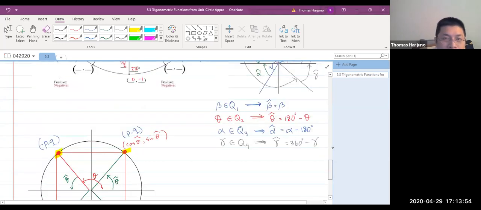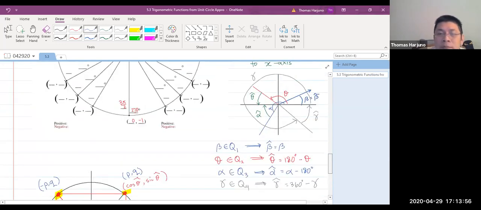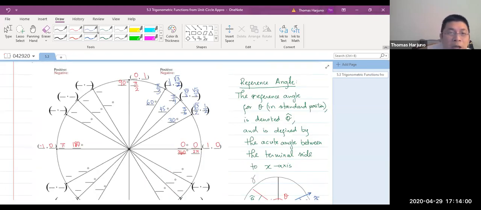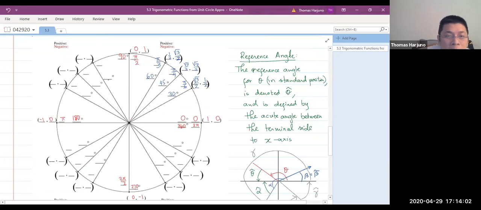We go back to this picture. Notice that this angle here is 120 degrees, right? So in quadrant 2, those special angles will be 120 degrees, 135 degrees, and 150 degrees.